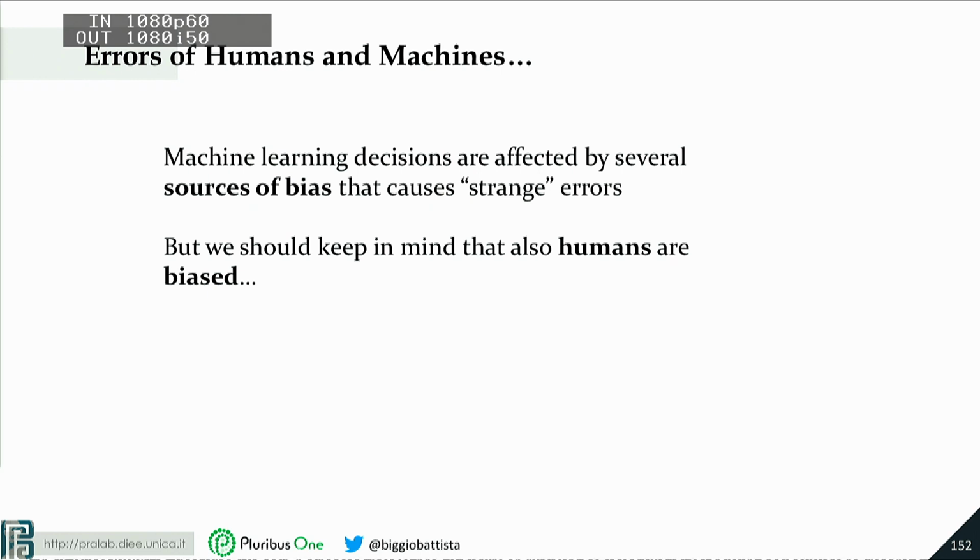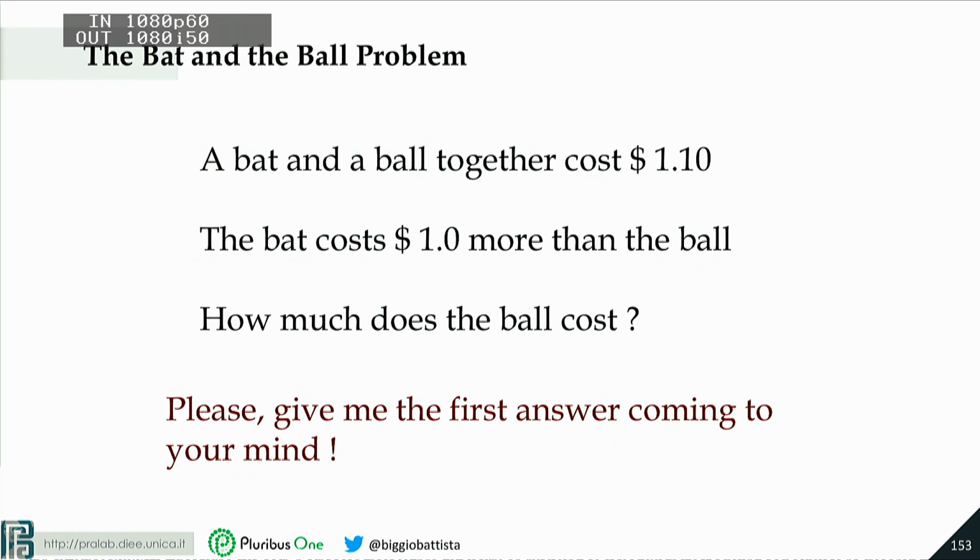And now, to conclude, we also have to say that humans can also be fooled in different ways. For example, you probably know this better than me because some of you are studying neuroscience, so I guess you know these things about hallucinations and illusions. And just to make a simple test, probably you know this problem, the bat and the ball problem.